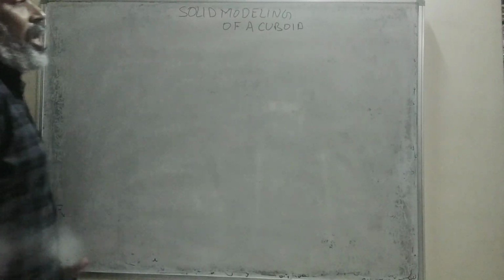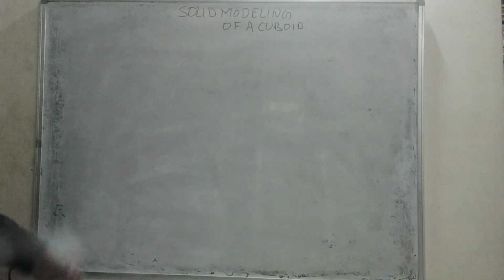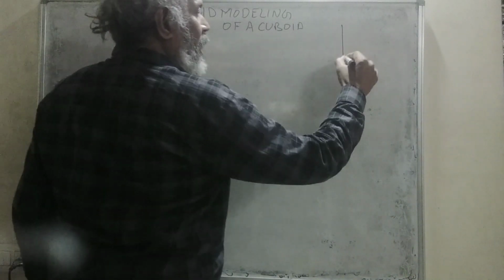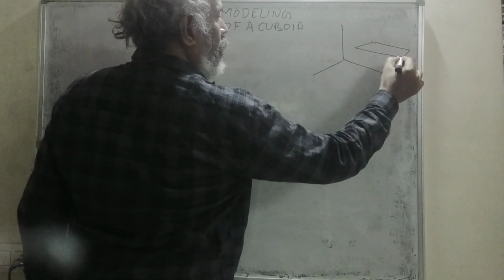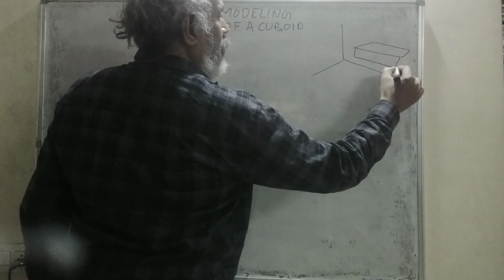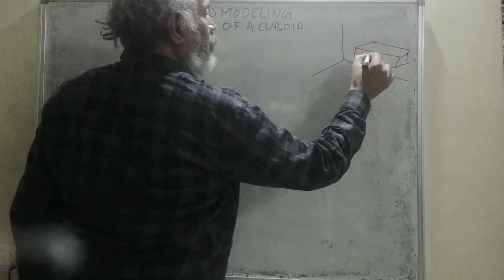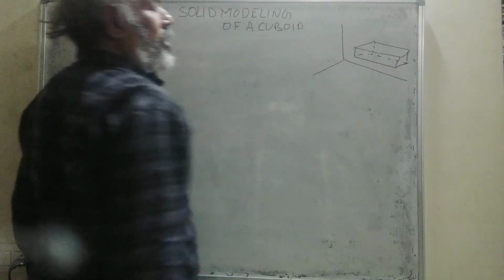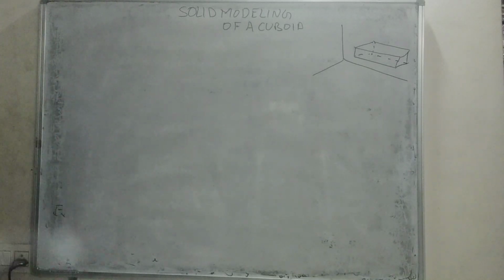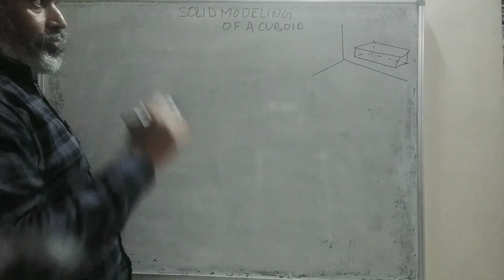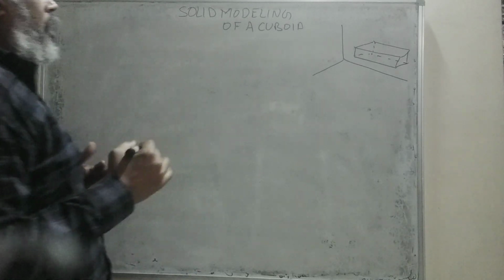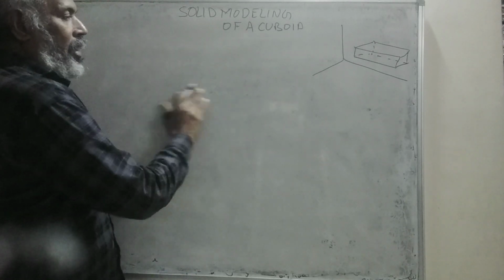That means we would like to write a program to display a solid model of a cuboid which can perform the rotation and transformation activities: moving, rotation, copying, and everything like that. So, how to approach this particular problem?